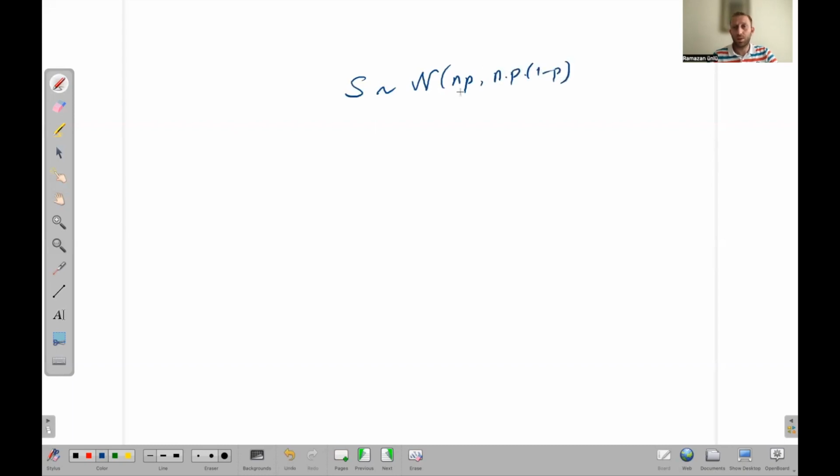Okay? So this is the approximation of the binomial distribution to the normal distribution. What I am given is the number of trials, 500, and p is 0.4. So what is np, which is 200, and what is this one? I think that is 120, right?